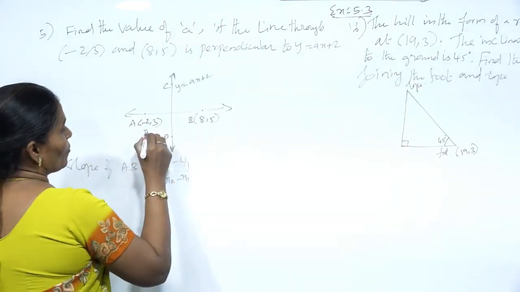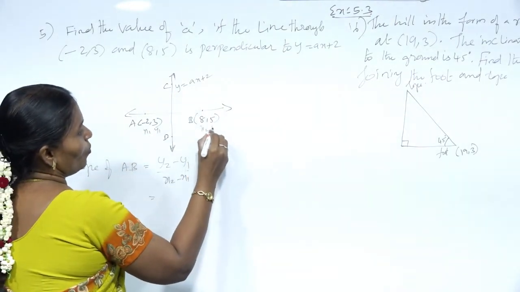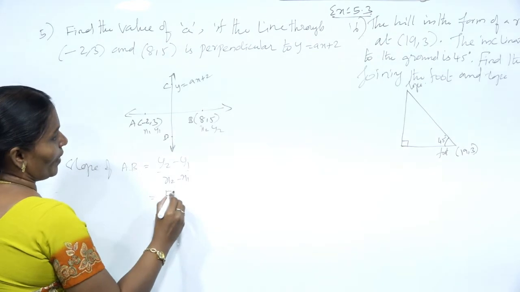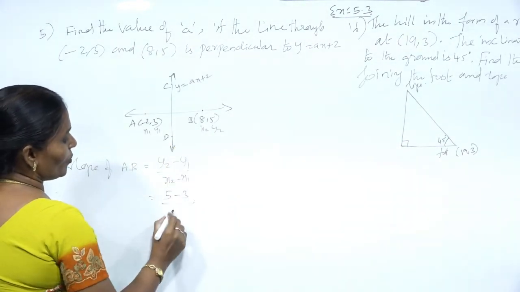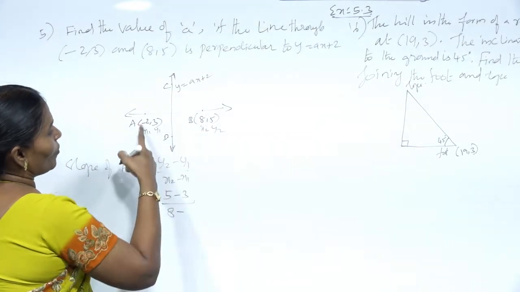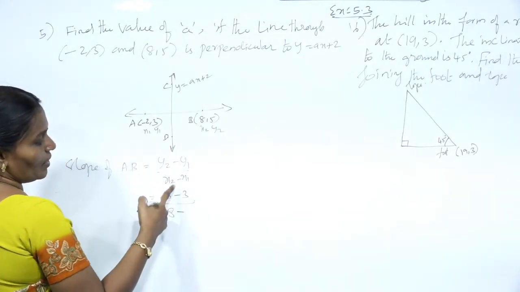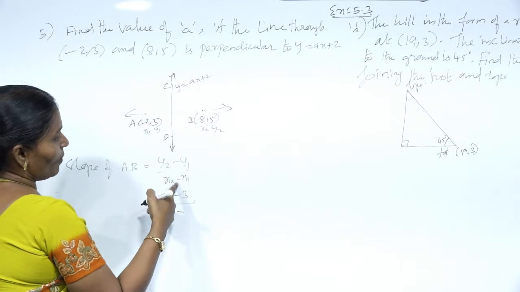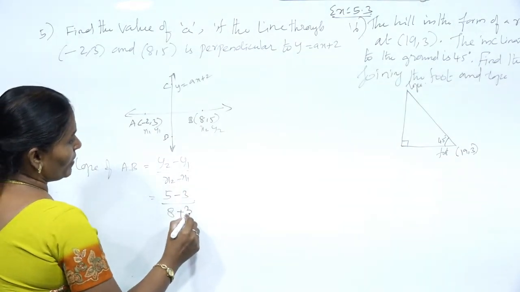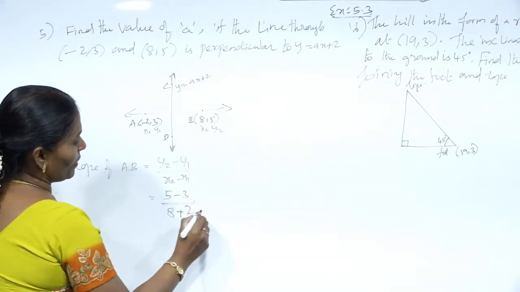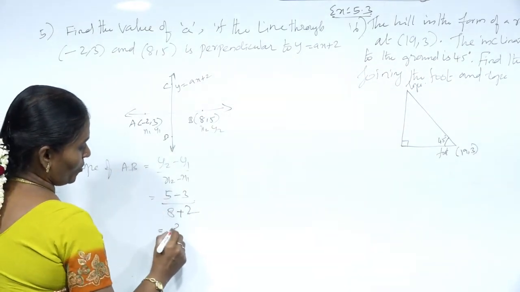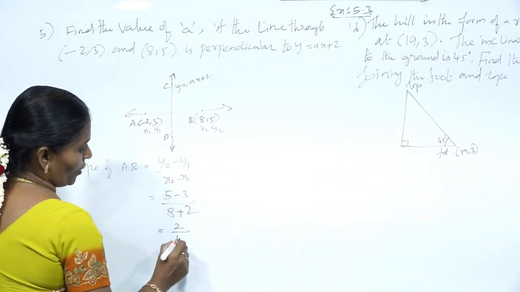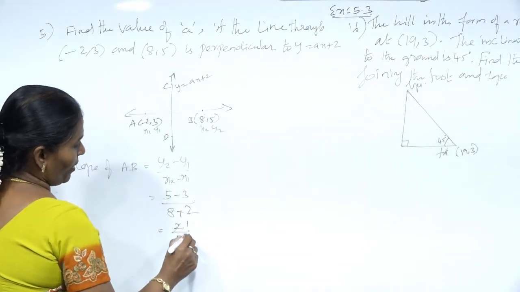Here x1, y1, this is x2, y2. y2 is 5 minus 3, y1 is 3, by x2 is 8, then x1 is minus 2. So minus already in formula, so minus of minus is plus 2. So here 5 minus 3 is 2, by 8 plus 2 is 10. So here 1 by 5.